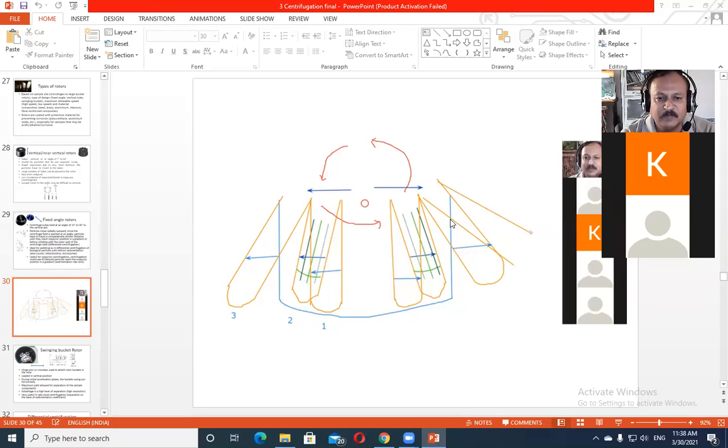Since the particles had to travel a minimum distance in the vertical tube rotors, those particles which would take a rather longer time for centrifugation will settle down to the other side a little faster.